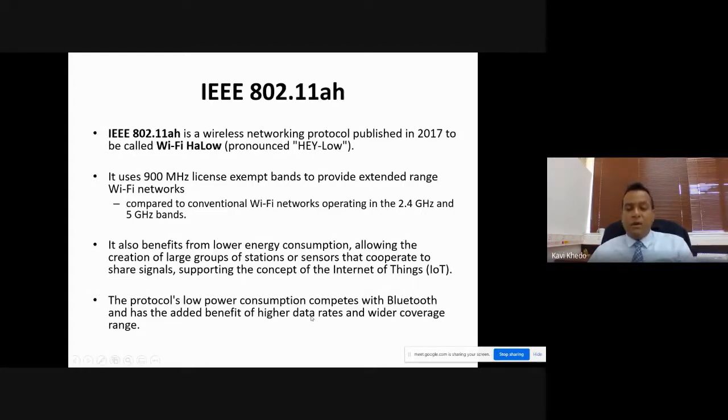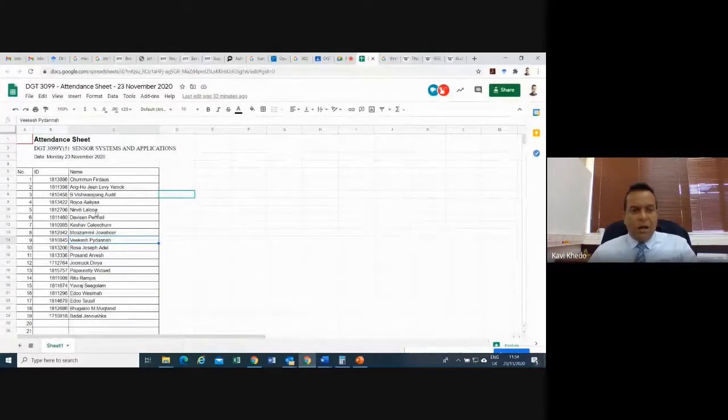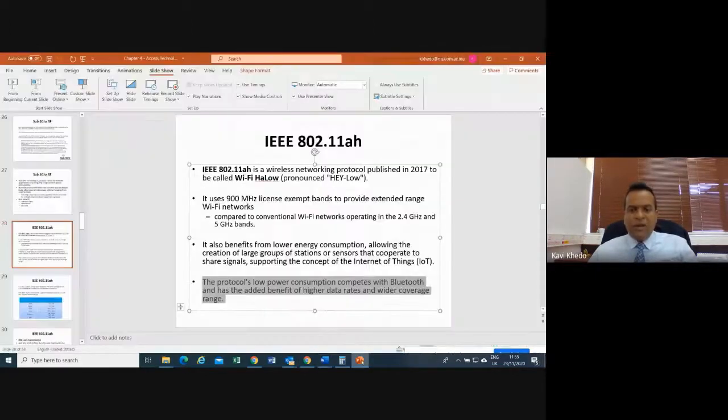It is able to give us some reasonable data rate, and all the advantages are summarized in this point here. I can see three advantages here. Let's have a look at this and tell me what those three advantages are. Laura, Niaviti, Laura, what are those three advantages that you can see in this point for this new Wi-Fi, IEEE 802.11ah?